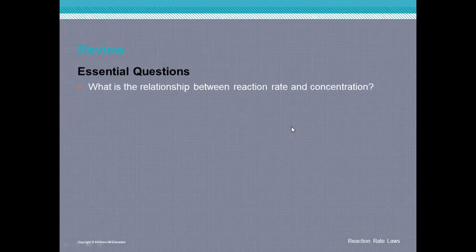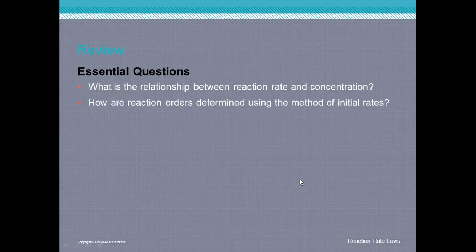So this is the sample session that we studied, and I think it's a simple lesson. Now we are going to review the essential questions we studied. Number one, what is the relationship between reaction rate and concentration? Number two, how are reaction orders determined using the method of initial rate?